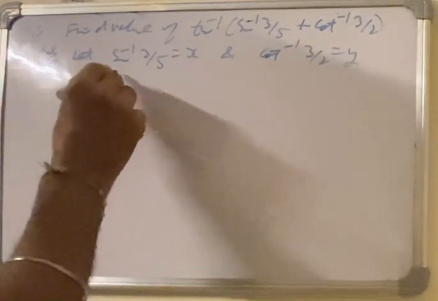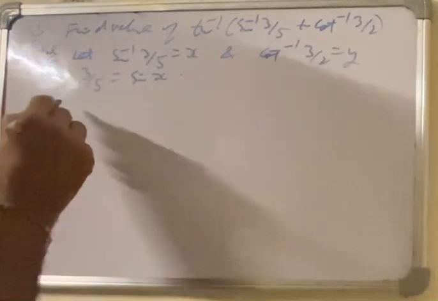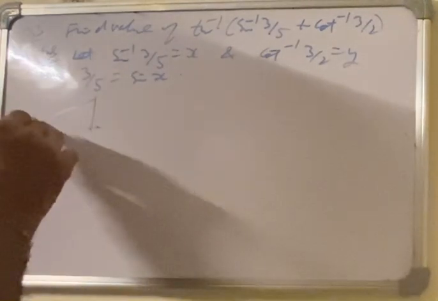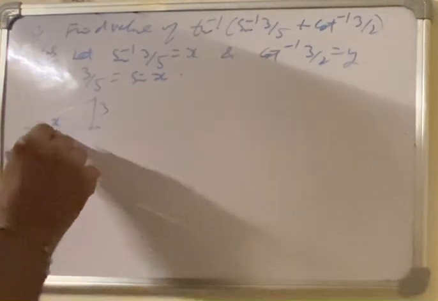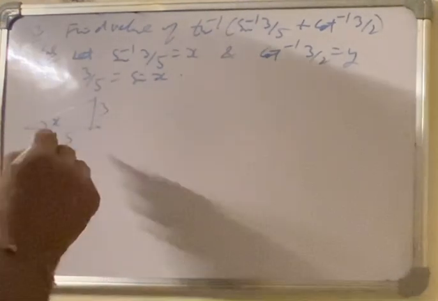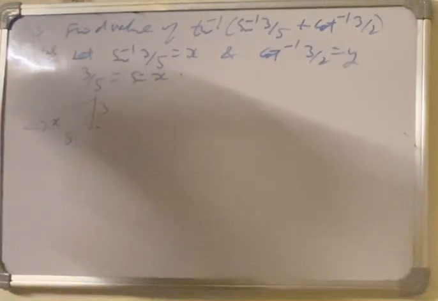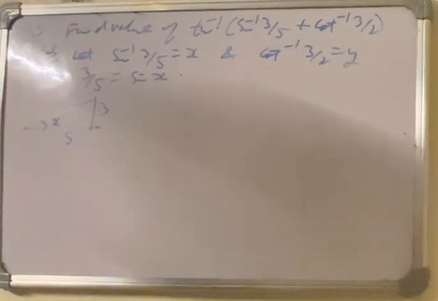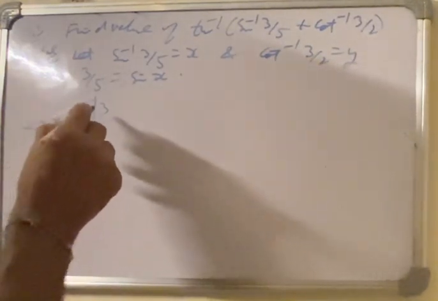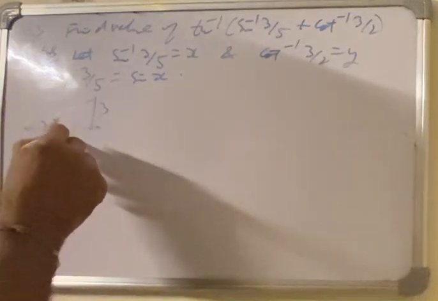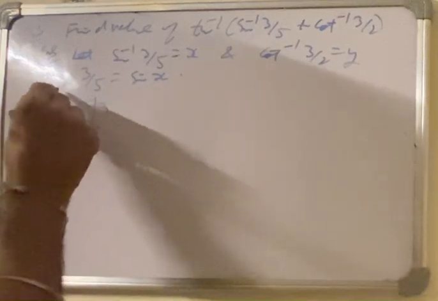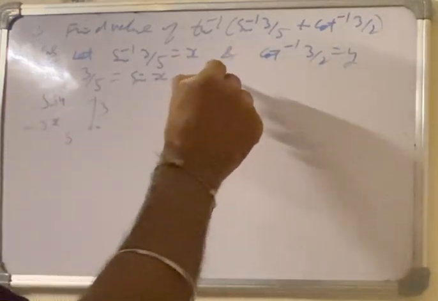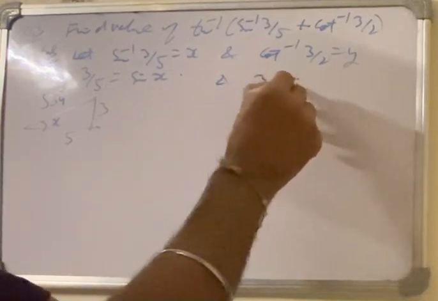Therefore, 3 over 5 is equal to sin x, and we can apply a right triangle. This is x, this is 3, this is 5, and the base is square root of 25 minus 9, which is square root 16. Similarly, 3 by 2 is cot y.